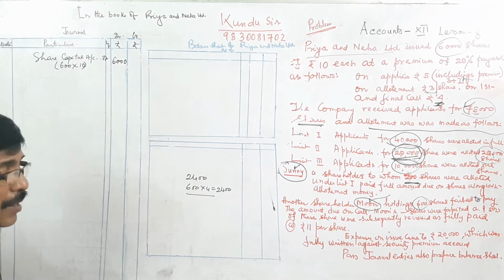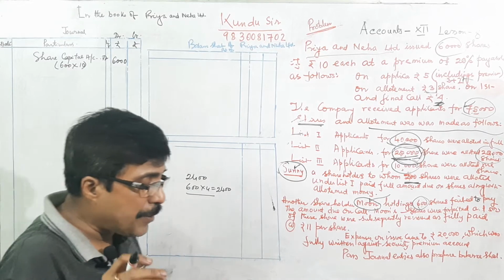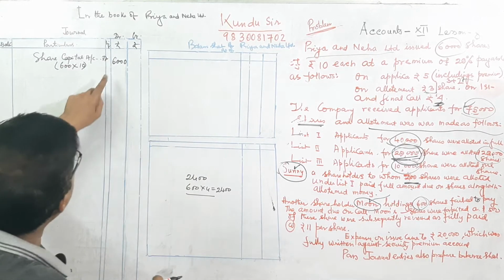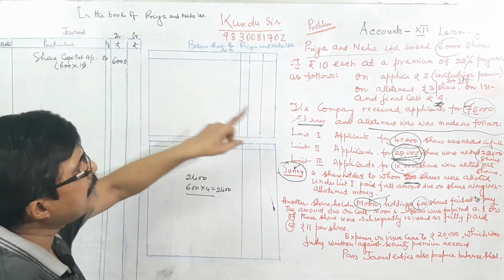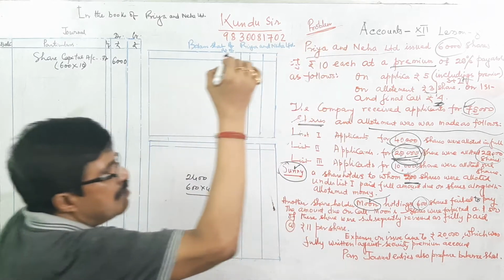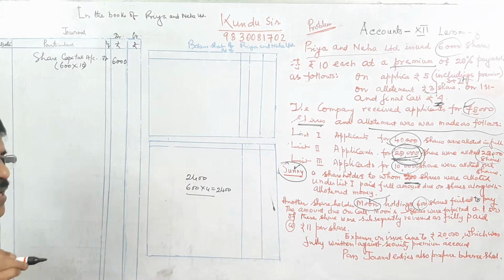But it is to be kept in your mind. We are making a reverse entry for capital, but share premium should not be touched, because if any shareholder has given premium, it should not be reversed.